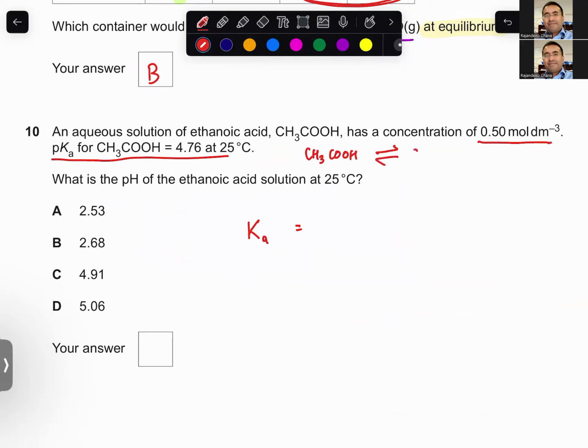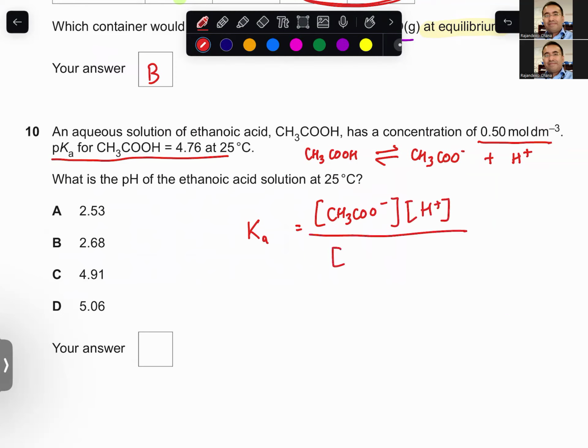So weak acid, which partially dissociates. And so what you've got here, you see the CH3COO minus ion actually is the same concentration as H plus.